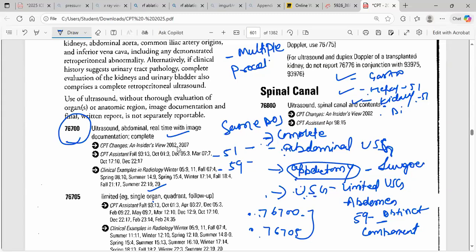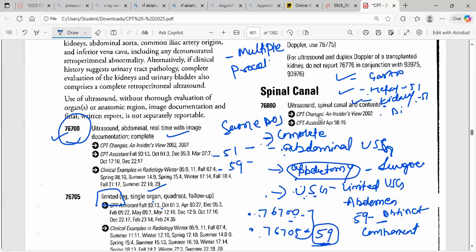Because this single organ or quadrant is already included in the complete. So to tell the insurance that we know this is a component of the previous procedure, but it was performed distinctly and separately, we have to use modifier 59.